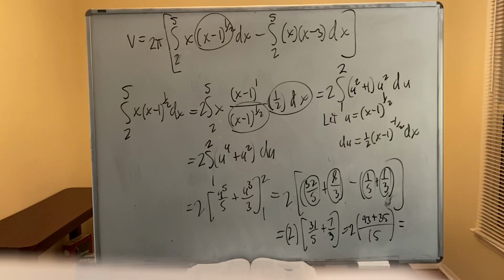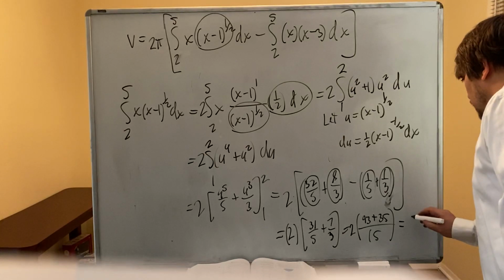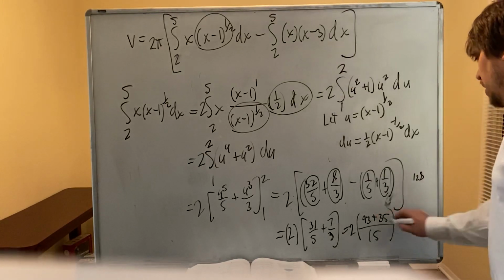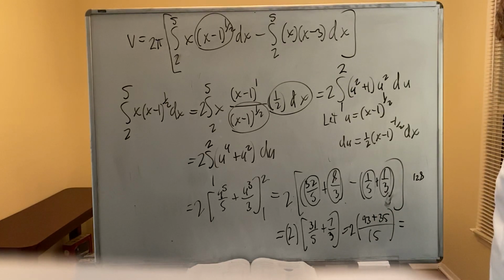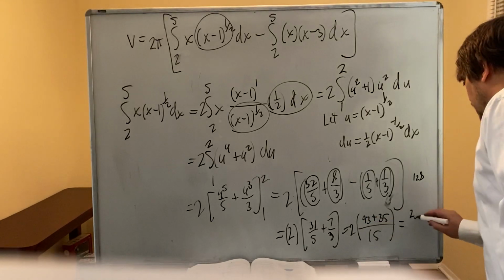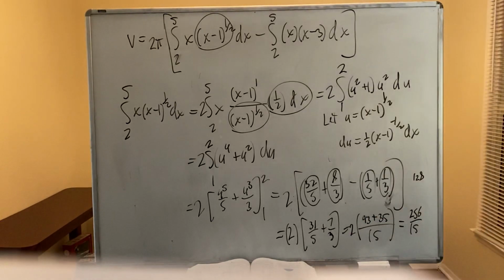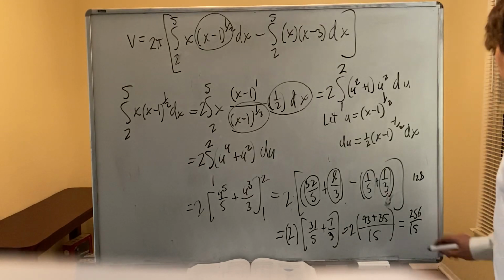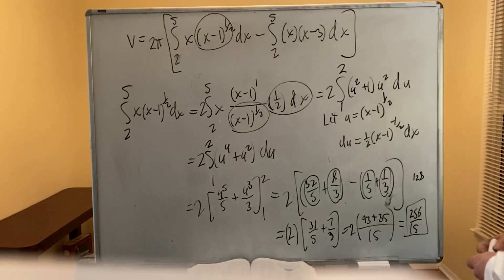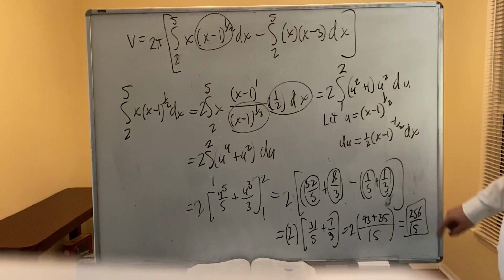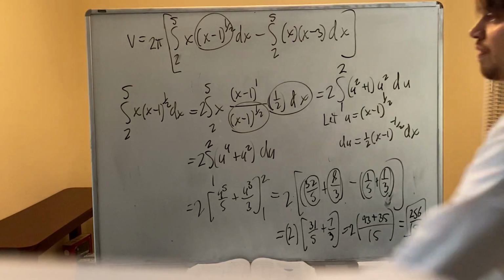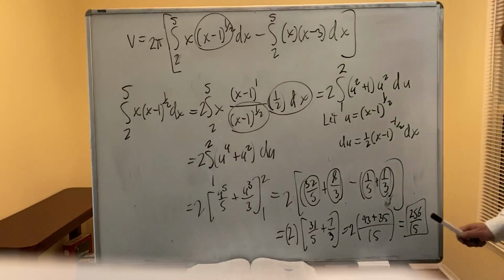Okay, so 93 plus 35 is 128, times 2 is 256 over 15. All right? That's the simplest, that's in fractions reduced. So this definite integral is equal to 256 over 15.